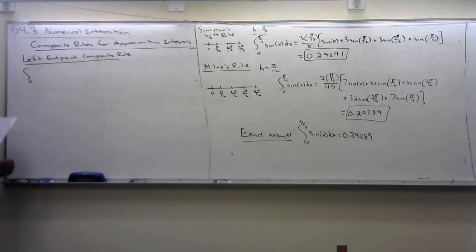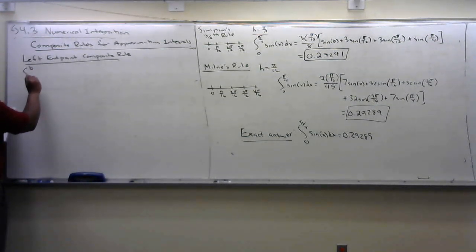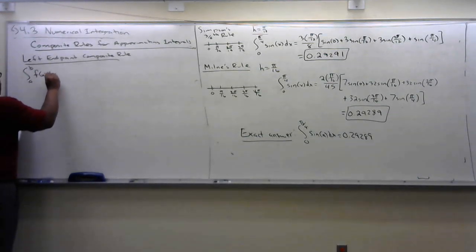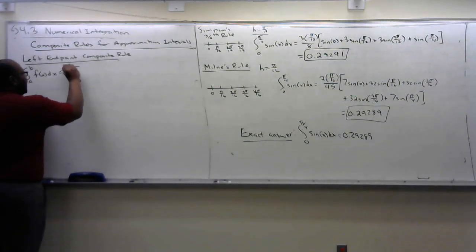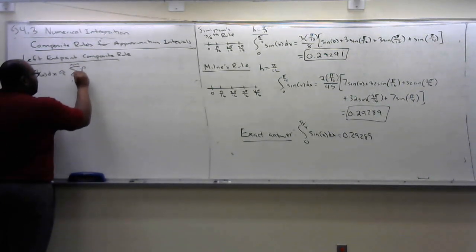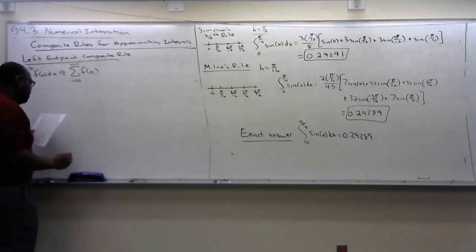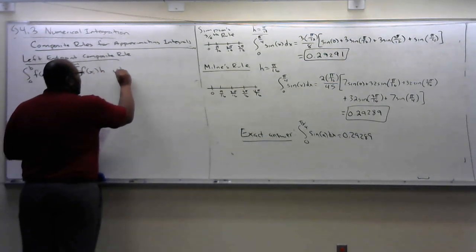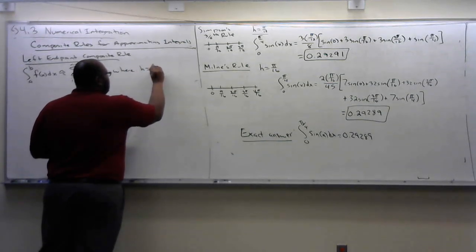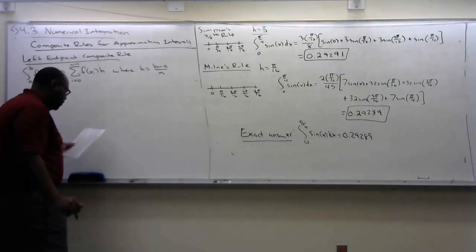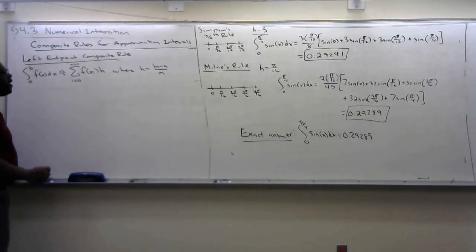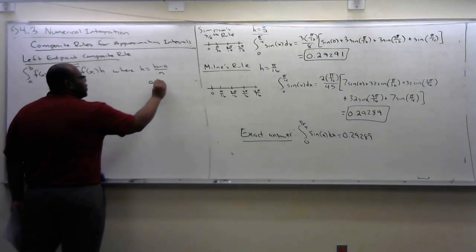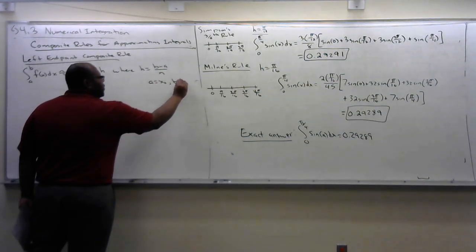Like I said, the integral from a to b of f of x dx is approximately equal to the sum i equals 0 to n minus 1 of f of xi times h, where h is equal to b minus a divided by n. Okay, you can think of a as being my x naught, b is my xn, right?